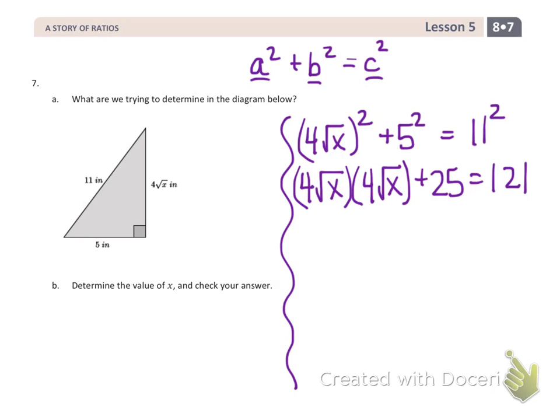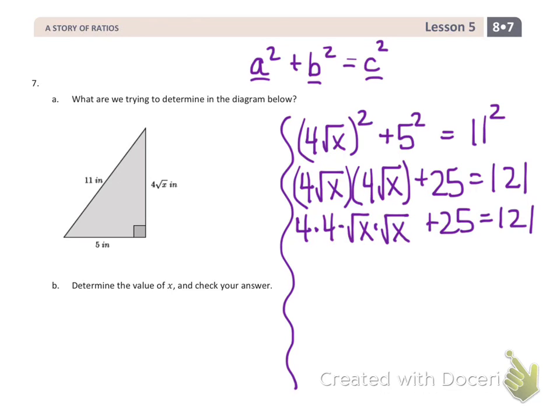I just took the square of both of those terms over there. So 4 times the square root of x times 4 times the square root of x, I can move the factors around, right? Because I can do them in any order. Times the square root of x times the square root of x, and then plus 25 equals 121.